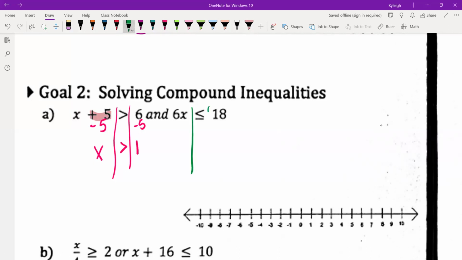The second one has implied multiplication, so we do the opposite and we divide on both sides. We divide by 6, and we get x is less than or equal to 3. Then we graph those. At 3, it's a closed circle going this way. At 1, it's an open circle going this way. So they meet right there. So you just solve them and then graph them.